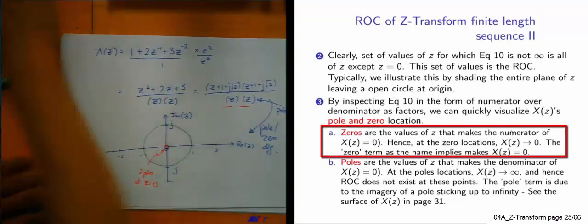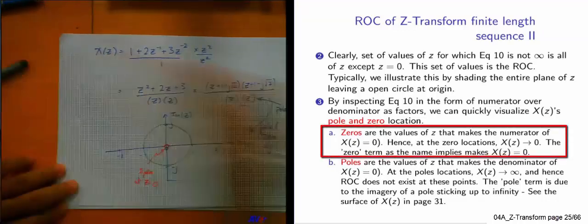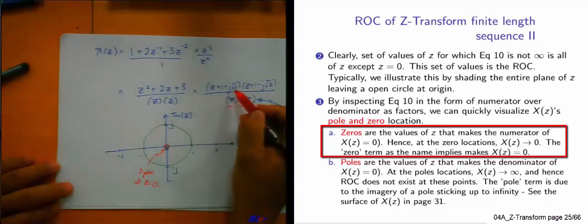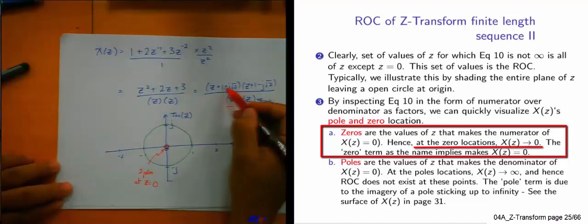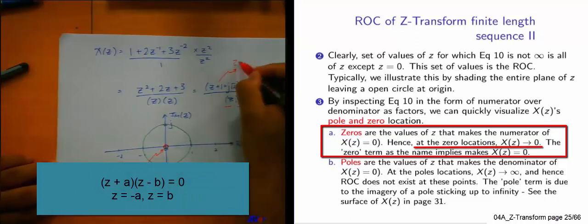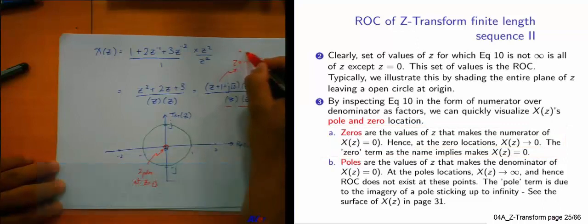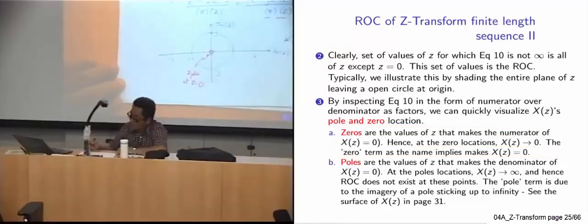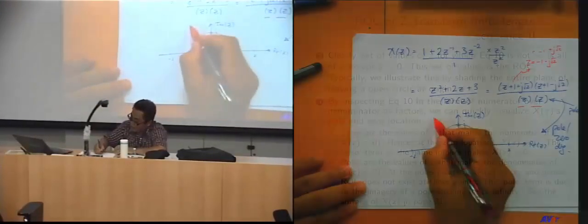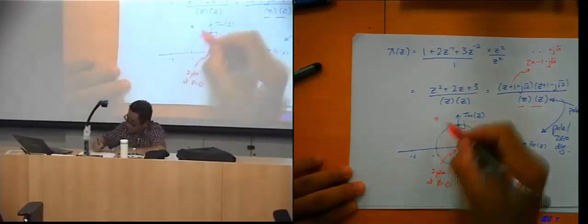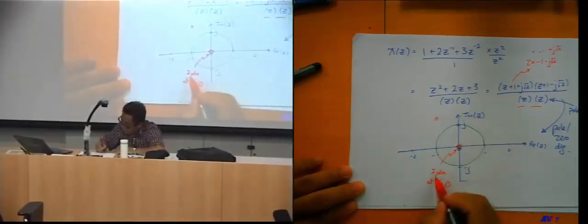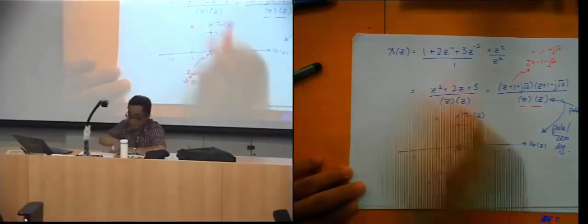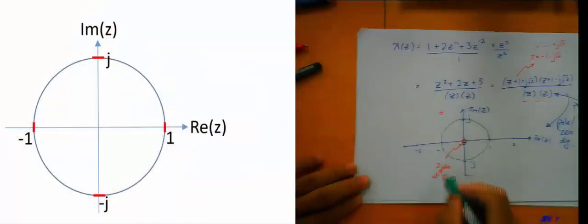And now I will draw the two zeros. They are at z equals minus 1 minus j root 2, and the other one, minus 1 plus j root 2. So where is minus 1? Minus 1 is here. Root 2 is 1.414 here. Can you see?